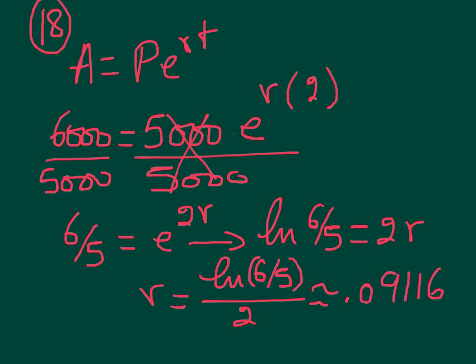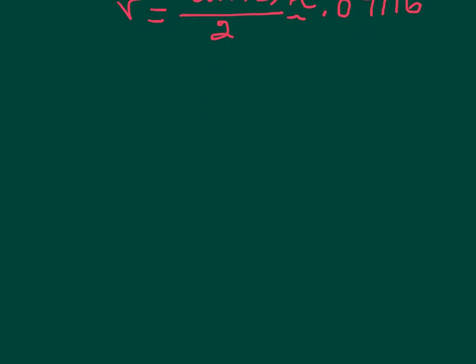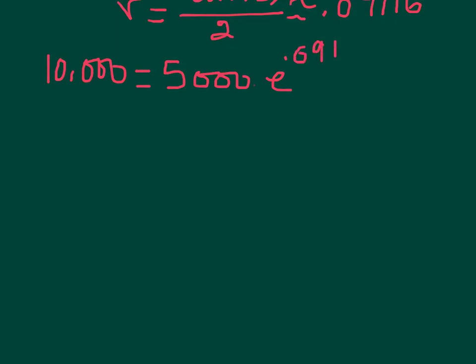0.09116. Now we're going to try to answer the question. The question is, we want the final population to be 10,000, and we started out with 5,000. We already know the rate, which is 0.09116, and we're looking at the time. How long does it take to get there?